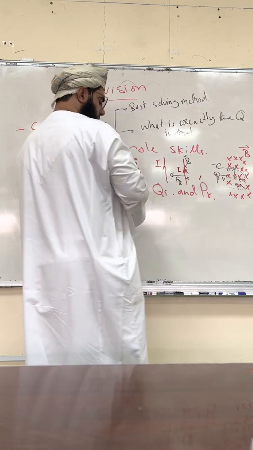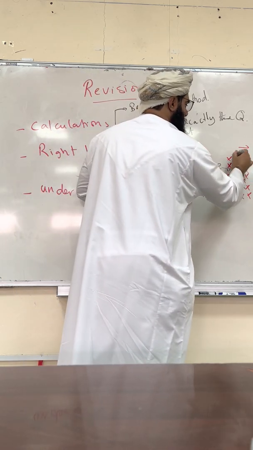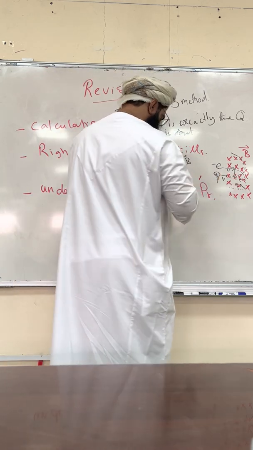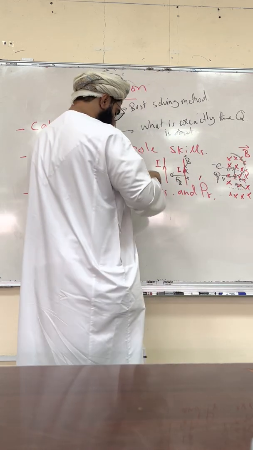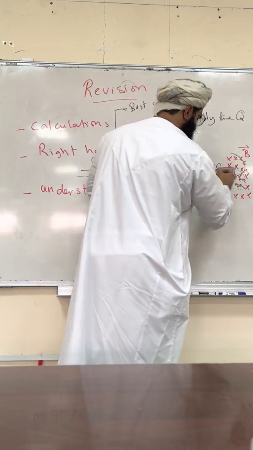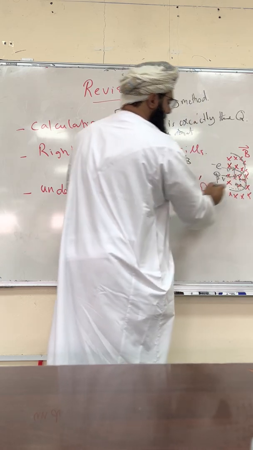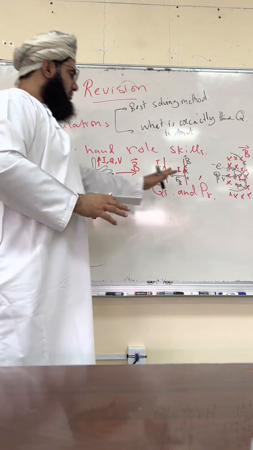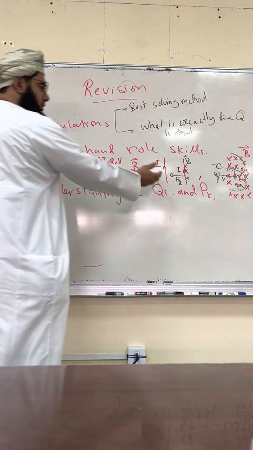Because the proton is positive, so the effect of the magnetic force would be in that direction, and then we can see the path here again to make it clear for you. But for electrons, it's moving in this direction. So this is just a small application of using the right-hand rule in magnetic fields for forces.